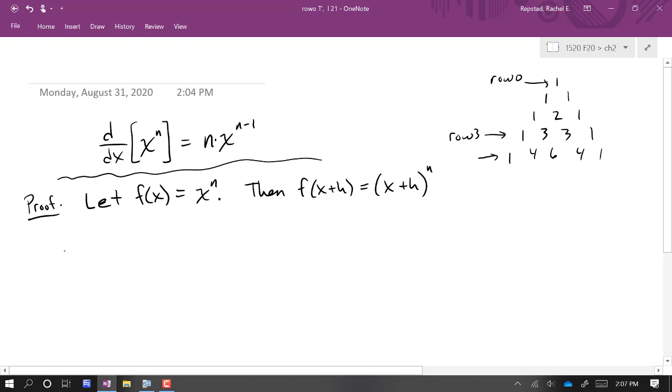So what I know about x plus h to the n is, aside from the coefficients, my first term is going to be x to the n, and then in my subsequent terms, with some unknown coefficients, I'm going to decrease the power on x, introduce an h, decrease the power on x, increase the power on h.